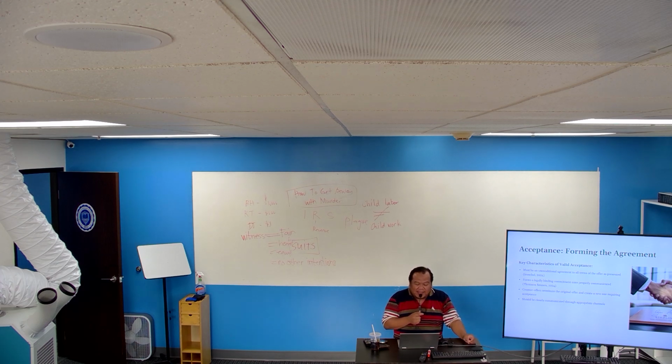So, what are the key characteristics of a valid acceptance? Number one, must be an unconditional agreement to all terms of the offer as presented. That means you agree to whatever is written on the contract. If there is one area in the contract that you're not comfortable with, that you don't agree, change the contract before you sign.